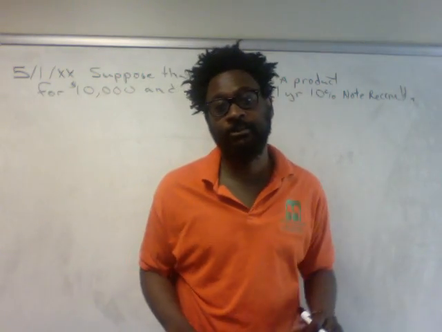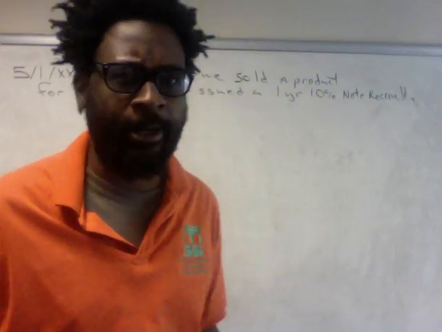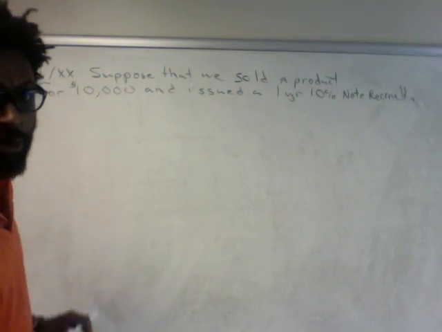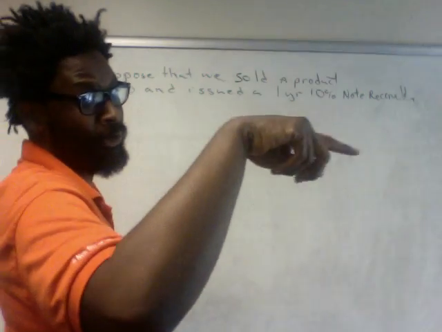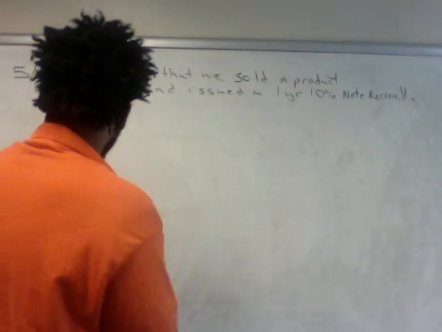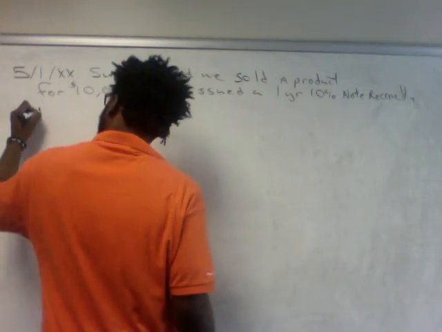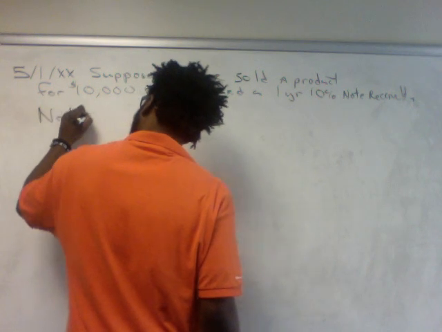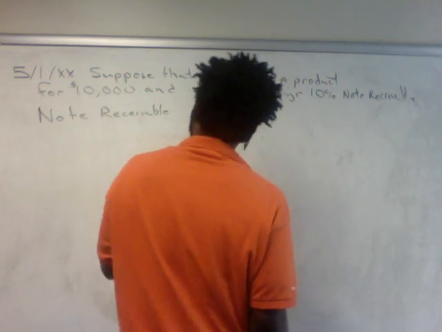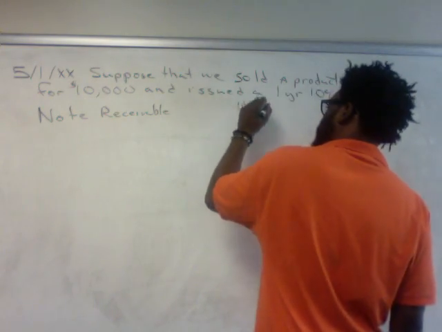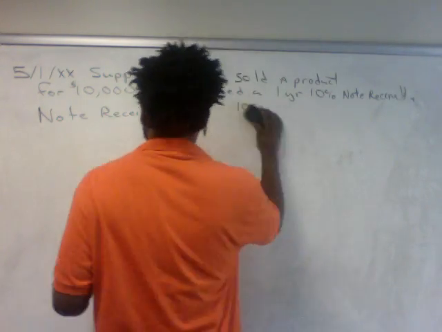So we provided a product, we sold a product, and so we need to record the issuance of the note, because when we sold a product, instead of settling it on our account, we issued a note. So instead of debiting accounts receivable, we're going to debit notes receivable for $10,000. And by the way, this is the issuance, all right?